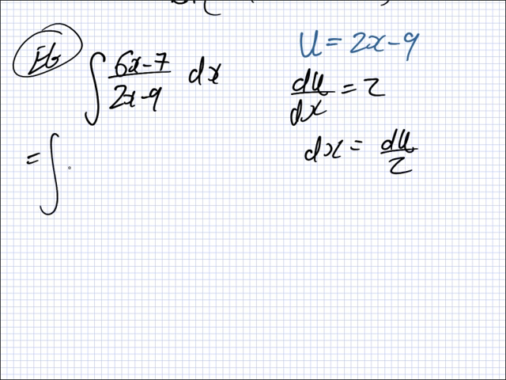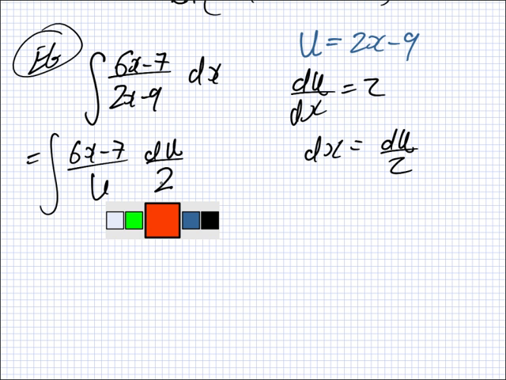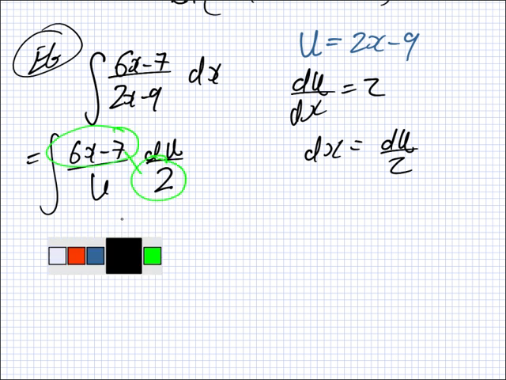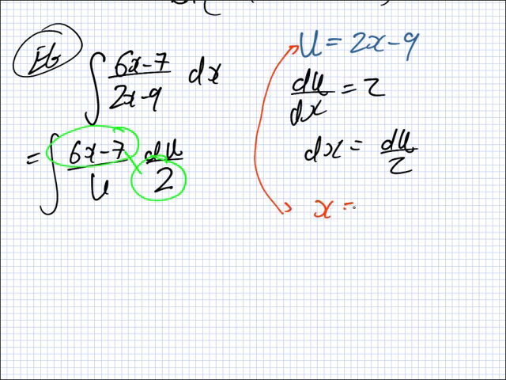So this is equal to 6x minus 7 over u, and du over 2. But there's a problem. Can't cancel. So we change x equal to u minus 9 over 2. No, it's not. U plus 9 over 2. There we go.